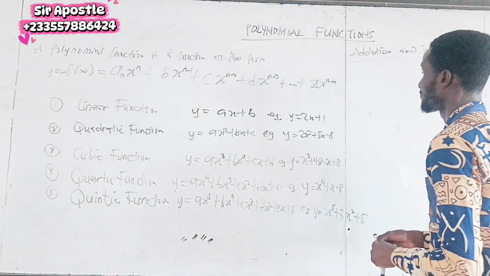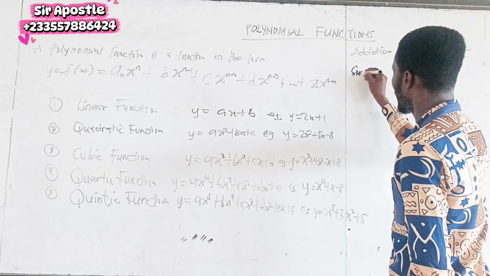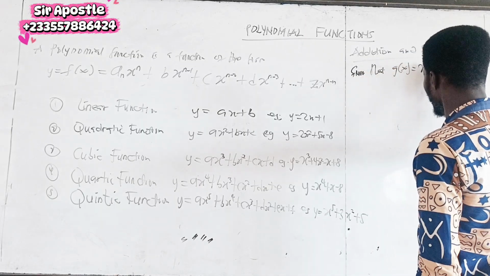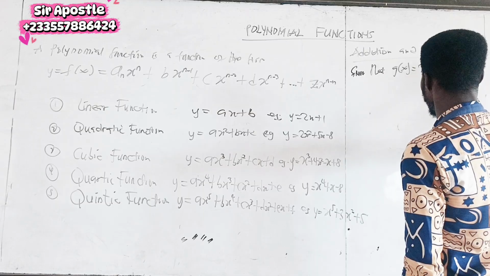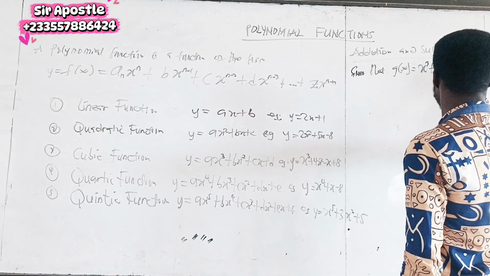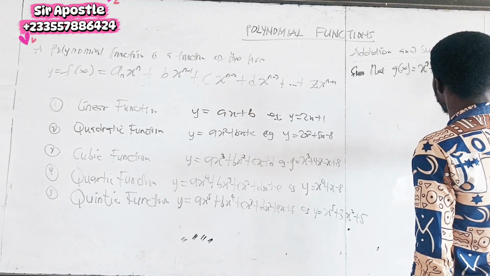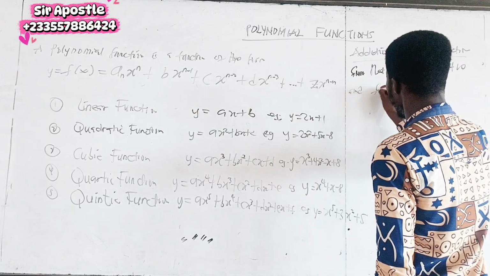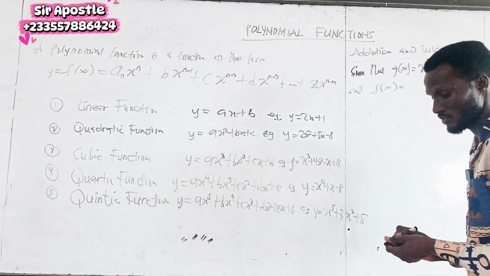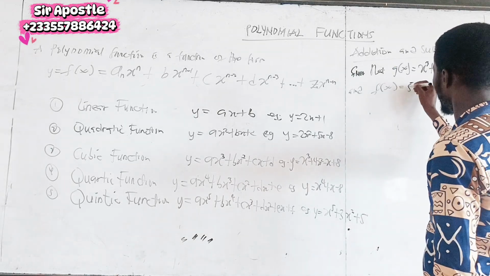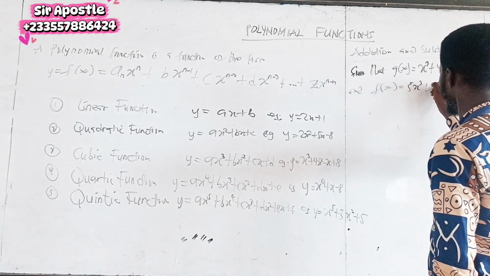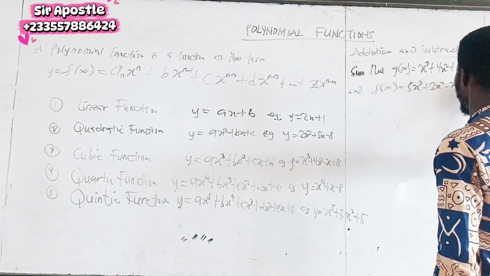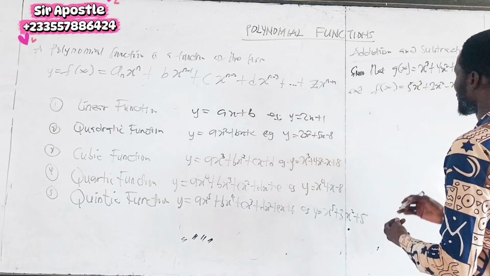So for example, given that g of x is equal to x exponent 3 plus 4x squared plus 10, and f of x is equal to 5x exponent 3 plus 2x squared minus x minus 9.